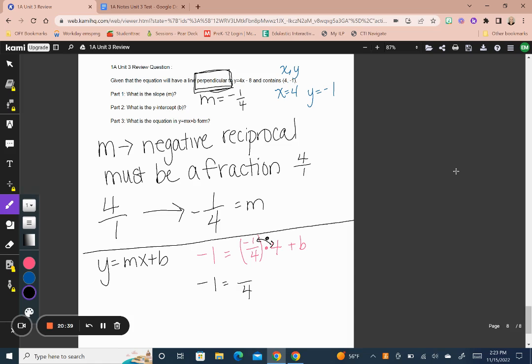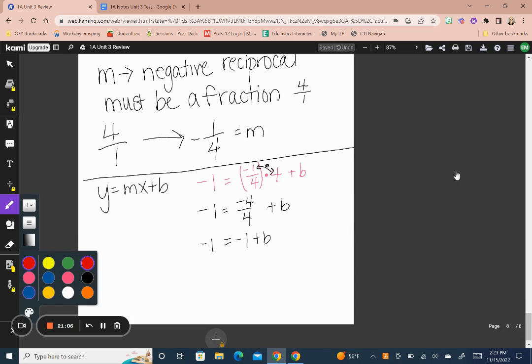So 4 times negative 1 is negative 4, plus b. Okay? Negative 4 divided by 4 is negative 1. Another way to look at it is you could just cancel the 4's. If you're not sure about that, that's totally fine. Just remember that the numerator is going to multiply with the whole number.